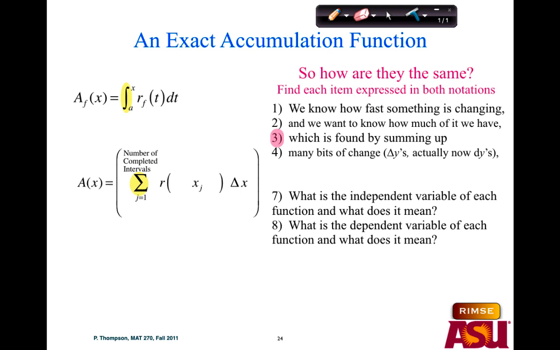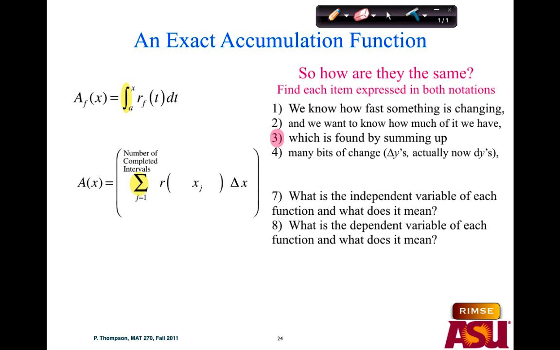All right, and so where do we see a bit of change in the first one? What represents a bit of change that we're summing up? Not dt. How do we get bits of change?